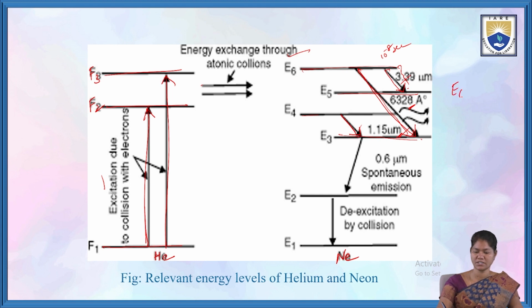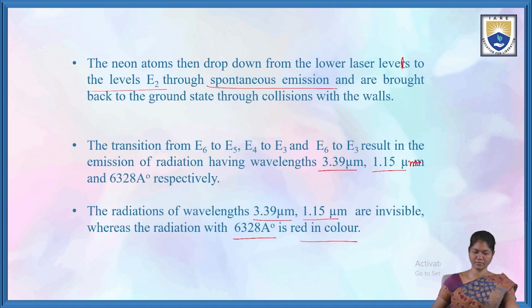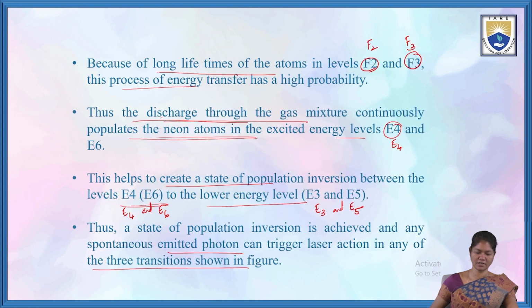So, that is transition E6 to E5, E6 to E3, and then E4 to E3. So any of the three transitions triggers the spontaneous emission.